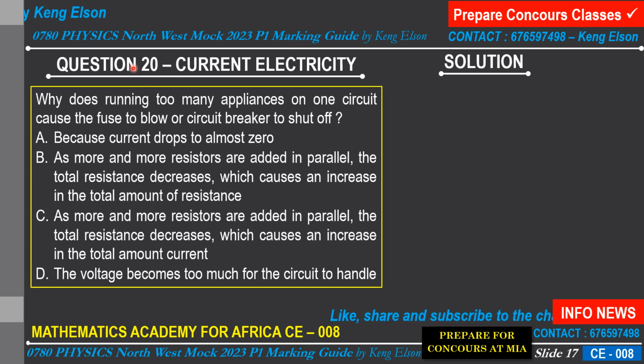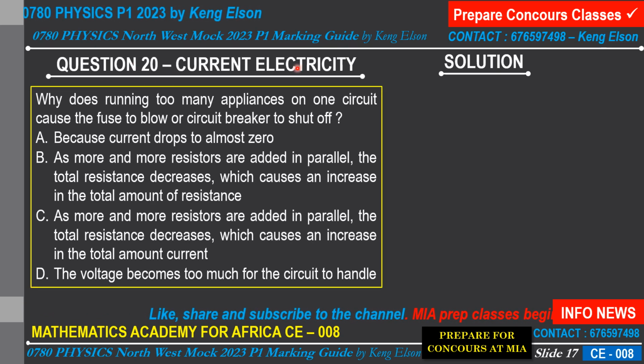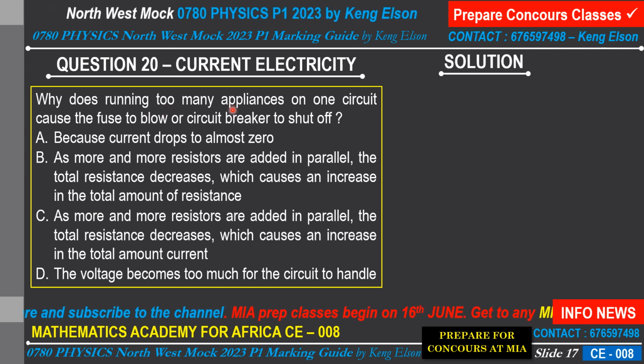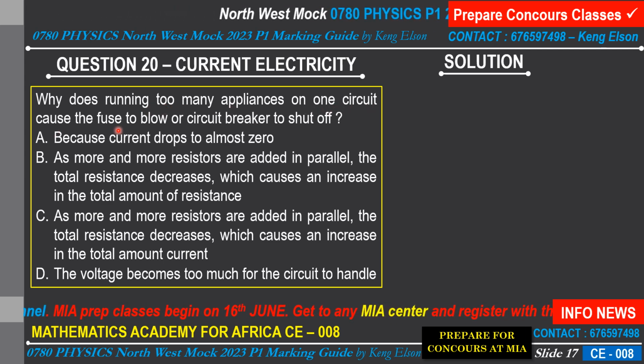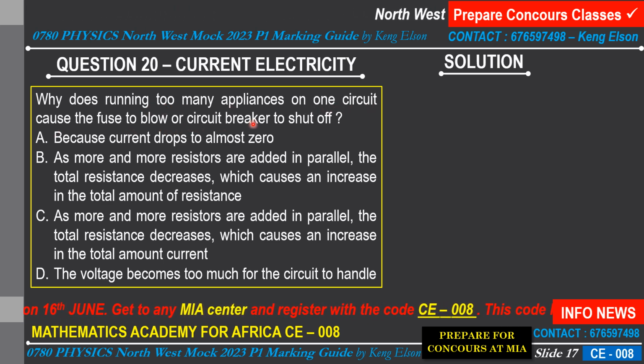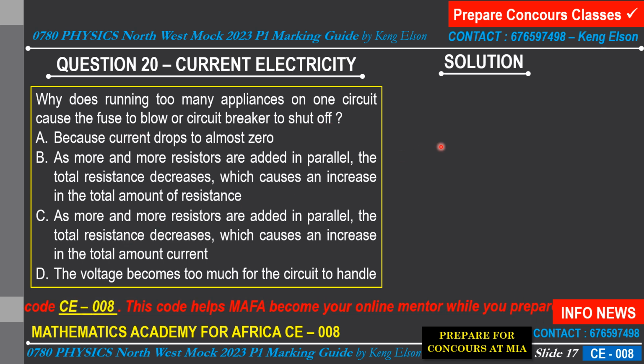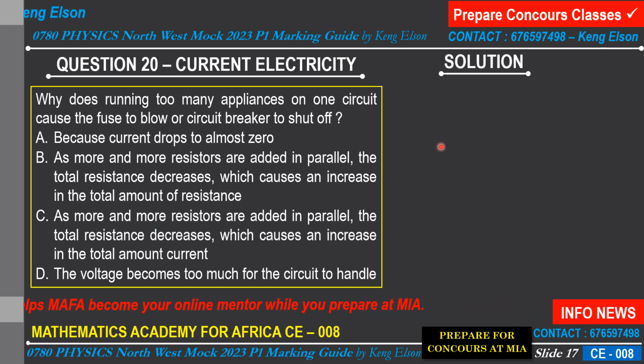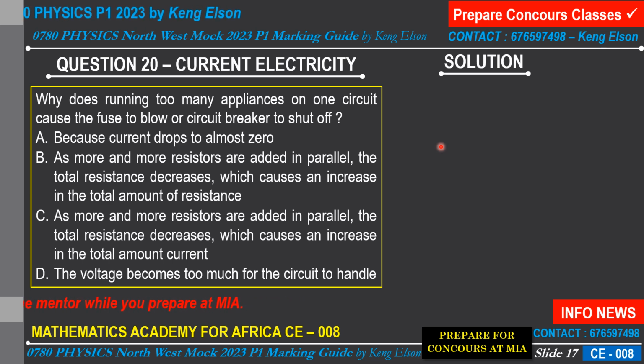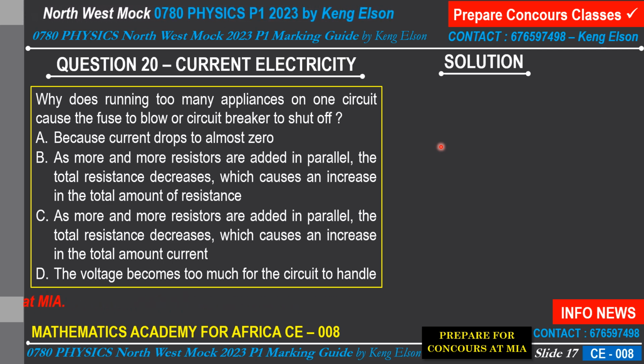Question 20 reads, it's on current electricity. Why does running too many appliances on one circuit cause the fuse to blow or circuit breaker to shut off? These are the different options. I'll basically just present to you the explanation, and then we are going to get the option.